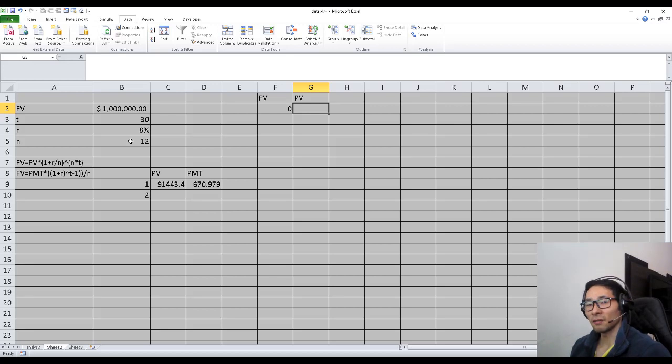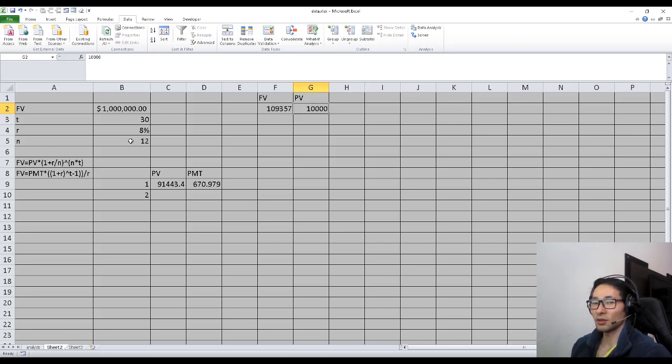And now I want to evaluate this formula for different values of PV and see which value of PV gets as close to my FV goal as possible.